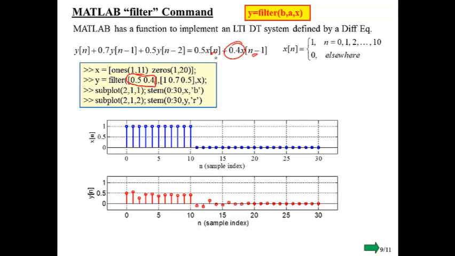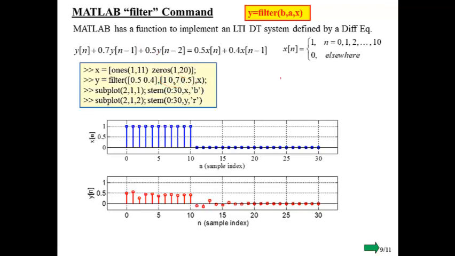So if it turned out that this difference equation actually had x of n and then x of n minus 2, I'd have to put in 0.5, then 0, then 0.4, so that MATLAB knew that this was for n, this was for n minus 1, and this was for n minus 2. So you do have to pay a little bit of attention here. And then the coefficients for the a vector come from here. We've got a 1, we've got a 0.7, and we've got a 0.5.